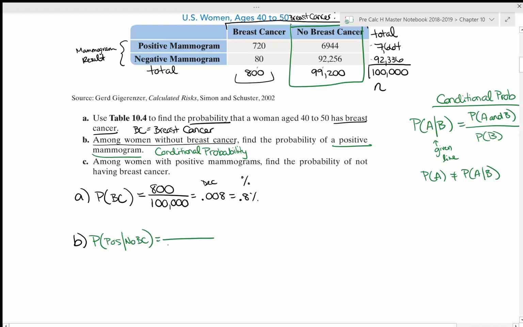So out of the 99,200 women that did not have breast cancer, how many tested positive? 6,944. If you divide this to change it into a decimal, you actually get an exact answer, 0.07, which means that about 7% of women that do not have breast cancer test positive on the mammogram.